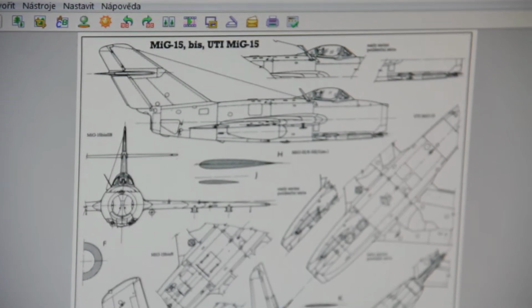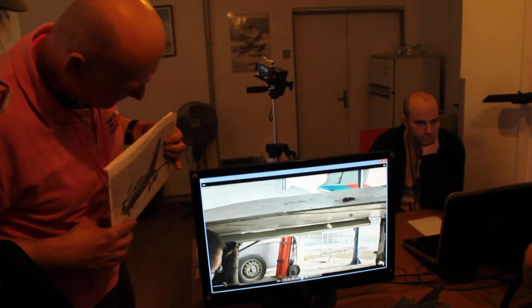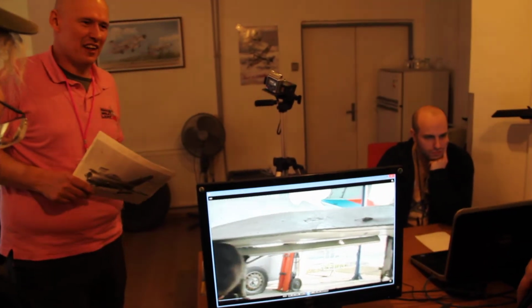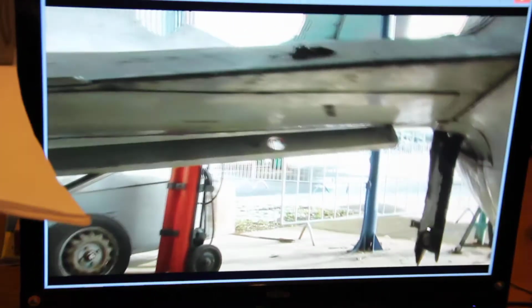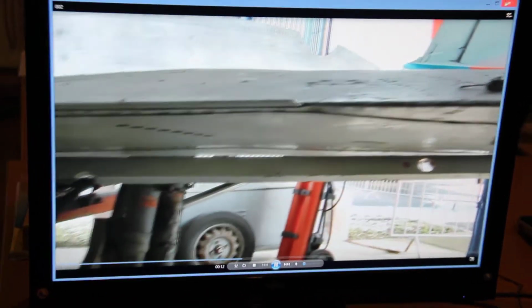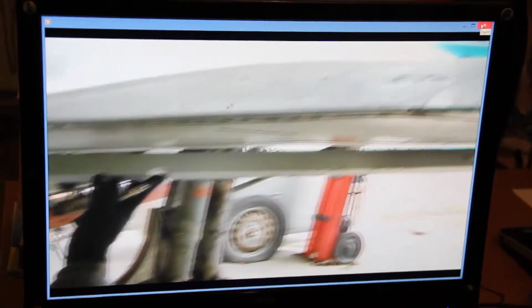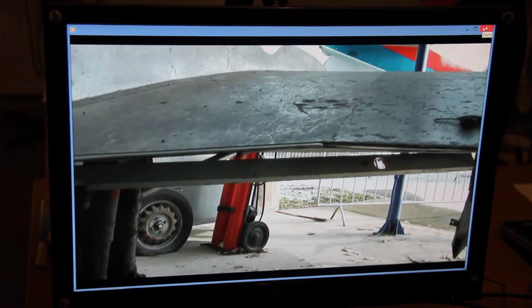We do a trip to the museum, so it was quite simple for MiG-15, for example. Where is MiG-15? Because there are enough MiG-15s in Czech museums, of course. So we had a very good occasion to study MiG-15 in the Kbely Air Force Museum, because we have a very good relationship with the museum in Kbely.